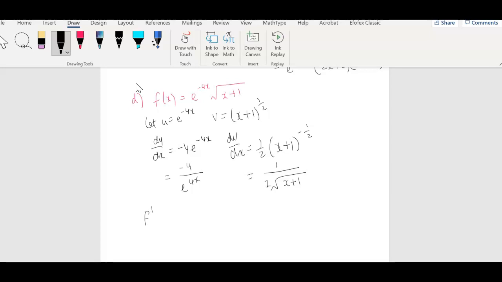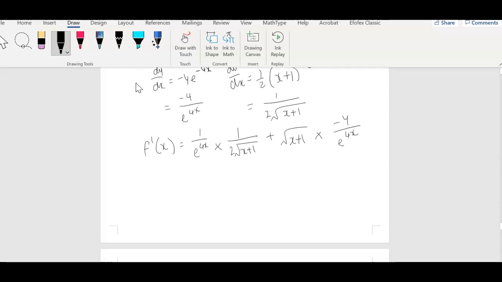Okay, so your derivative, we're going to do u times dv dx. So I'm going to write u with a positive power, so e to the 4x times dv dx, 1 over 2 root x plus 1, plus v, the square root of x plus 1, times du dx, which is negative 4 on e to the 4x.